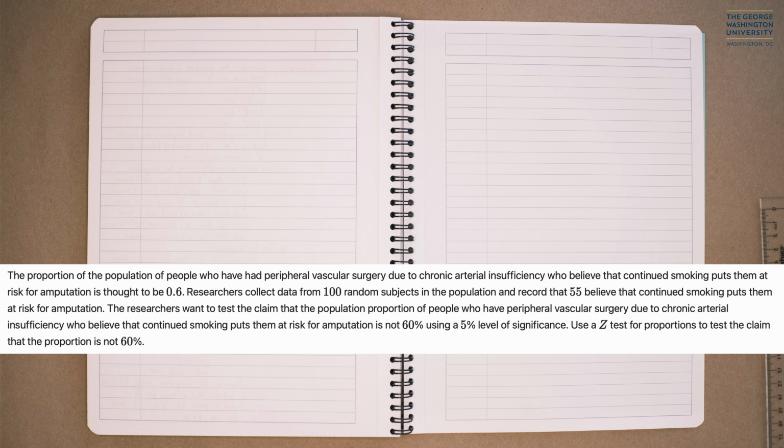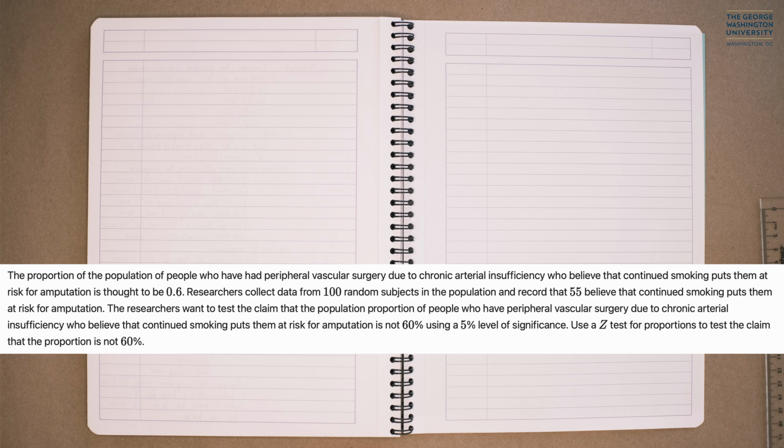And that's thought to be 60%. So in this population, they've had surgery to clear up these arteries because of narrowing, and they smoke. The question was put to them, do you think continuing smoking puts you at risk for an amputation? And 60% of them say yes. So that is the proportion of these people under the null hypothesis.